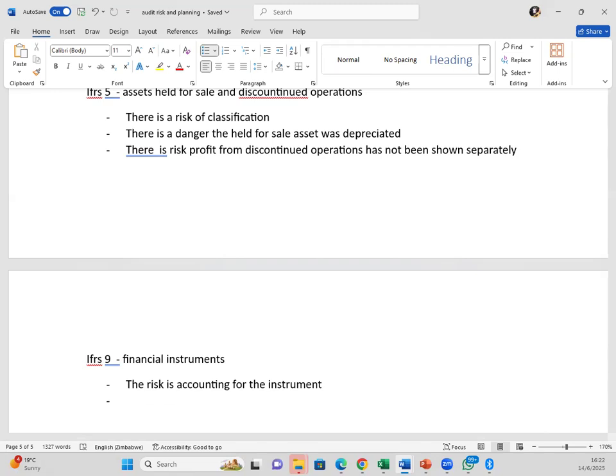So if it is, for example, a convertible instrument, we have to split it into its debt and equity components. So there's a risk that the instrument was not split properly into debt and equity.